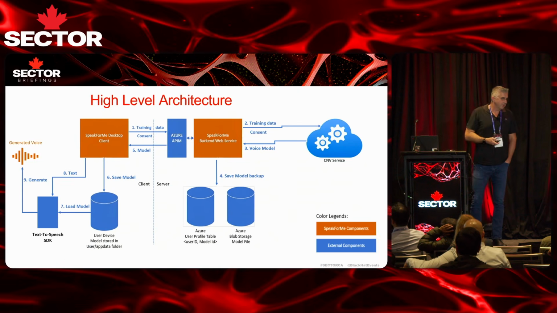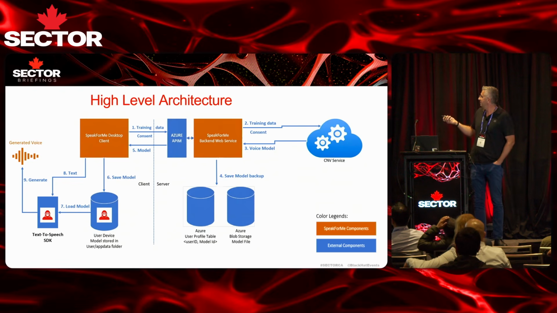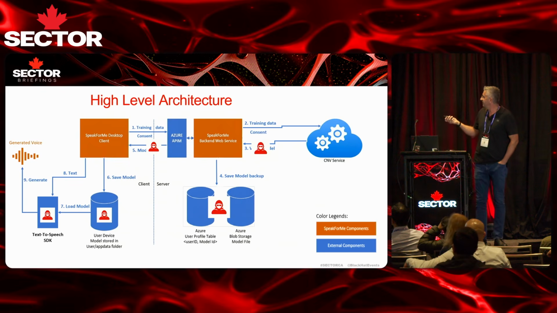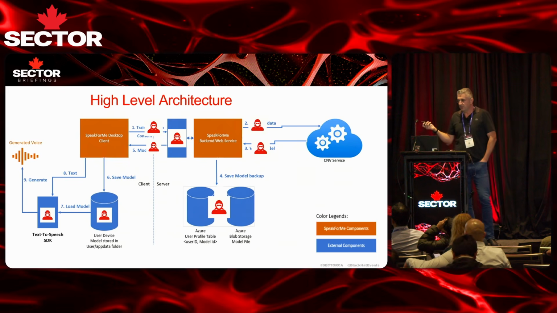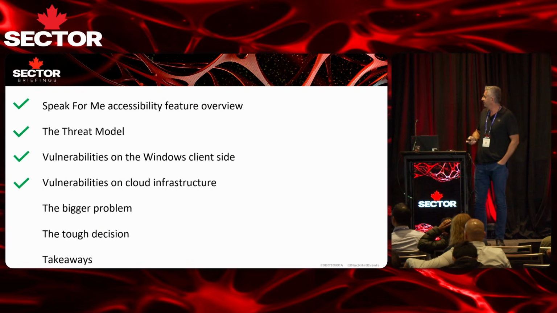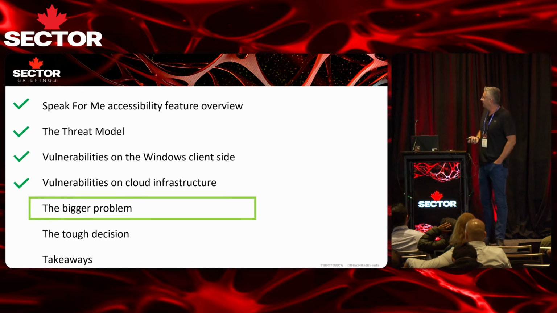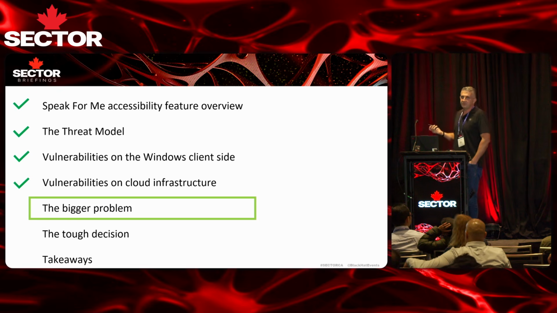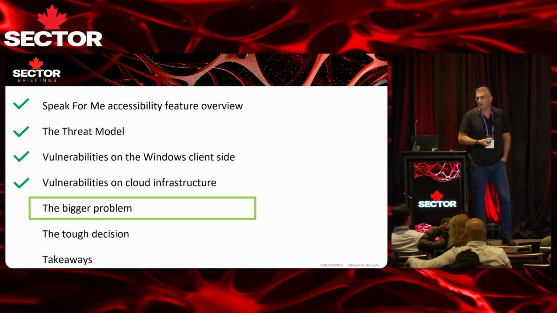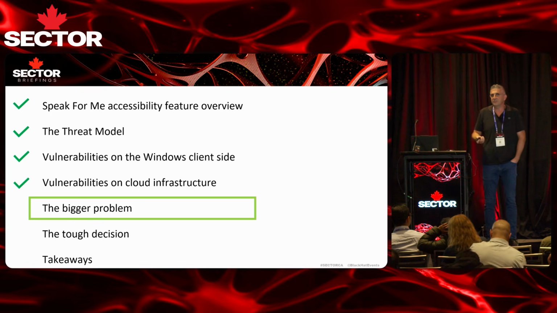So to summarize, we found issues in pretty much every component in this whole infrastructure. But again, this is not the bigger problem. All the vulnerabilities that we mentioned previously could be easily fixed, and this is part of the process.